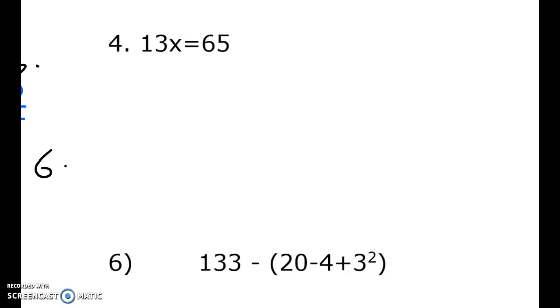Question 4 is almost the same as question 3, just no decimal and a little bit inverse. So what do we do? We copy the question. 13x equals 65, and when we have a multiplication, we're going to do division.